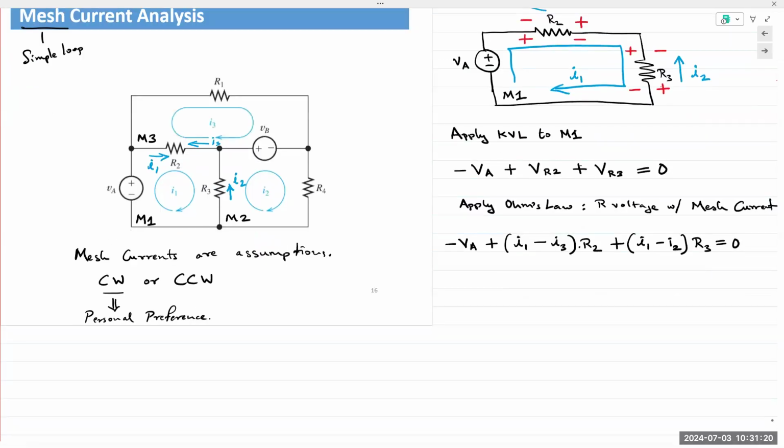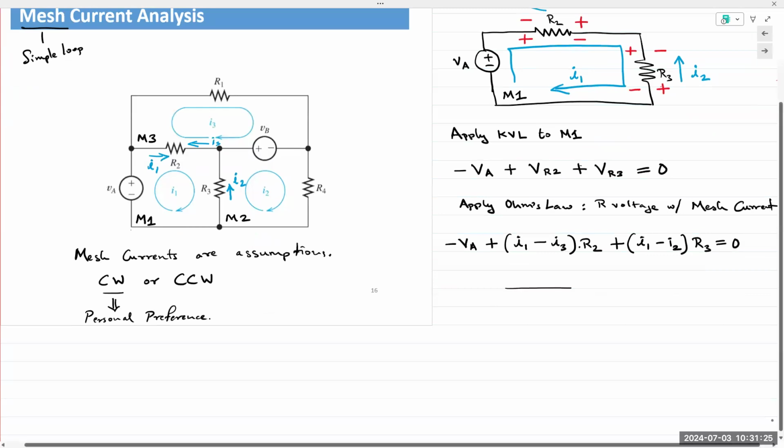So mesh 2 has a voltage source here at the top. Okay, R3, R4.